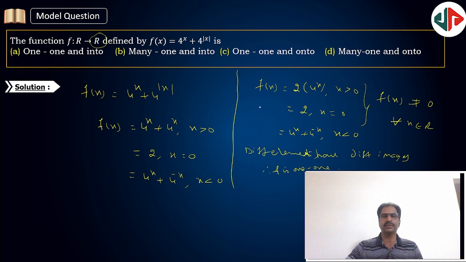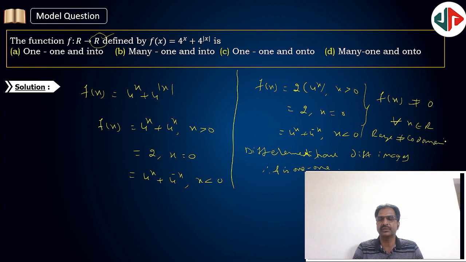But the codomain is all real values, while in the range 0 will not be there, because f of x can never be 0 for any value of x.